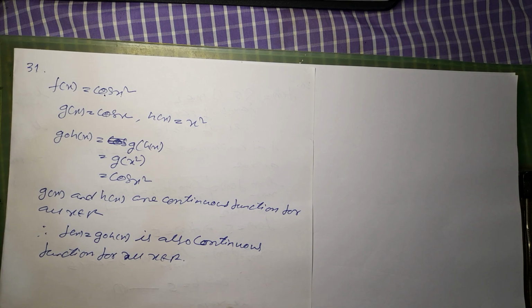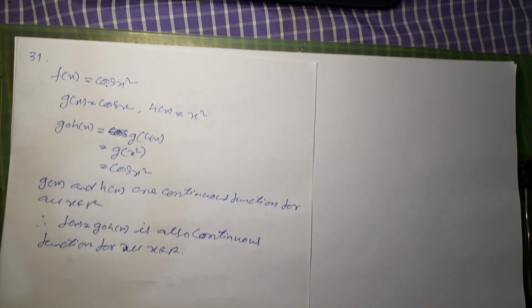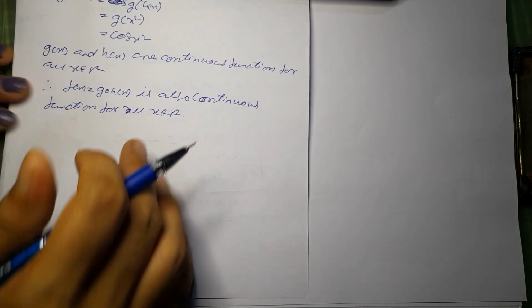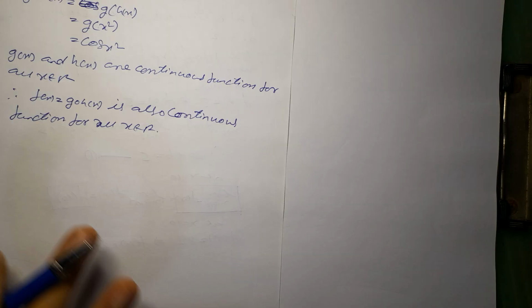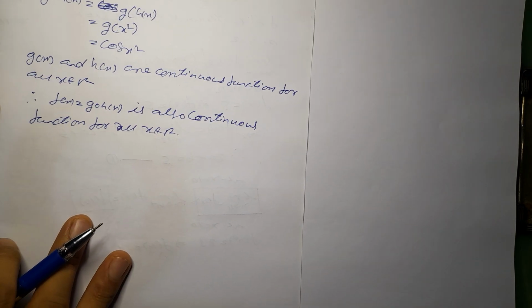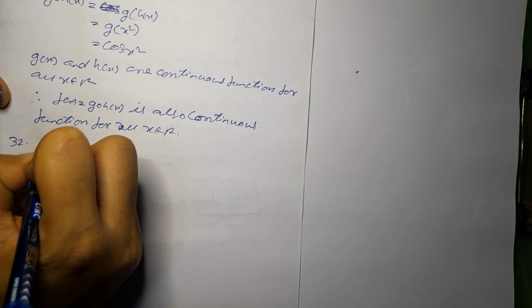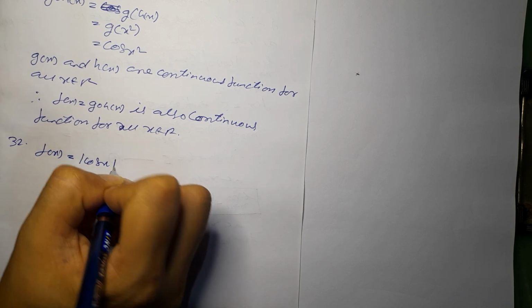Now for question number 32, it is also the same. Here it is given modulus cos x. We have to show that f of x is equal to modulus cos x.